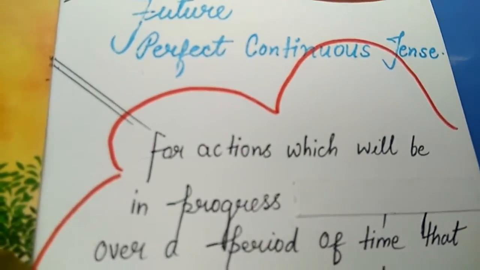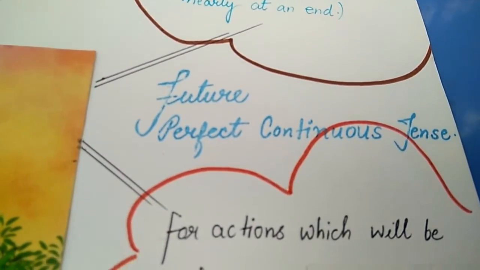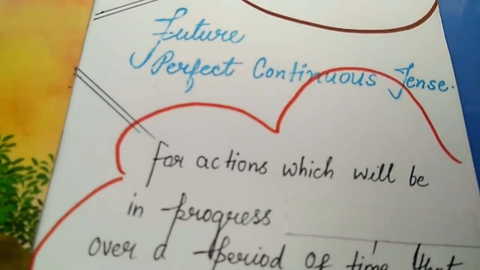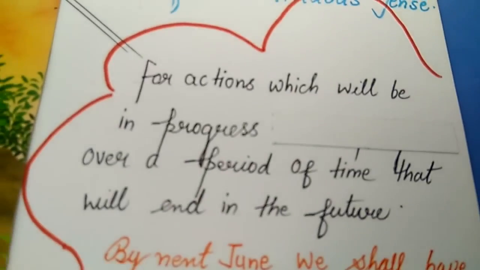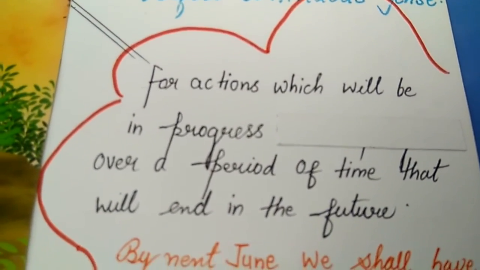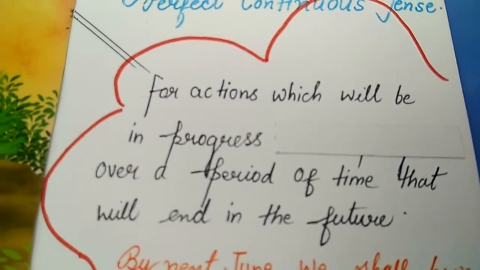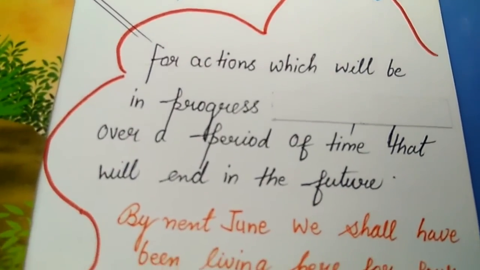So we came to know that future perfect continuous tense is used for an action which will be in progress over a period of time that will end in the future. And in such situations, future perfect continuous tense will be used.